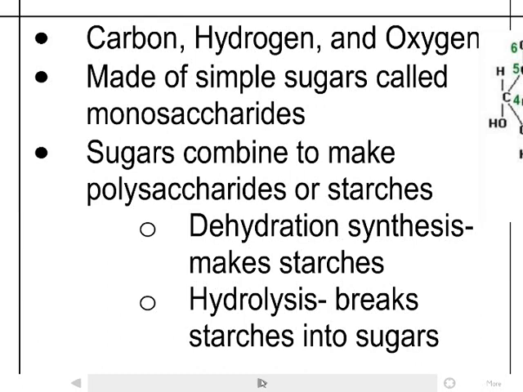Now, when you take sugars and put them together to make a starch, or you take monosaccharides and combine them to make a polysaccharide, that process is called dehydration synthesis. It's called dehydration synthesis because when you combine two sugars, one oxygen from one of the sugars and a hydrogen from one and a hydrogen from another combine.